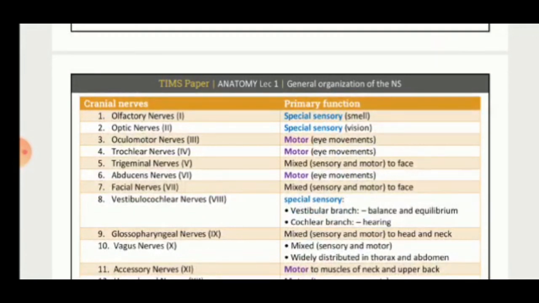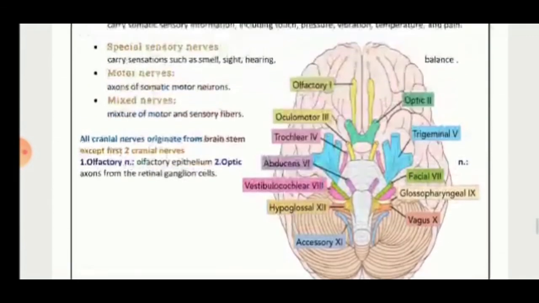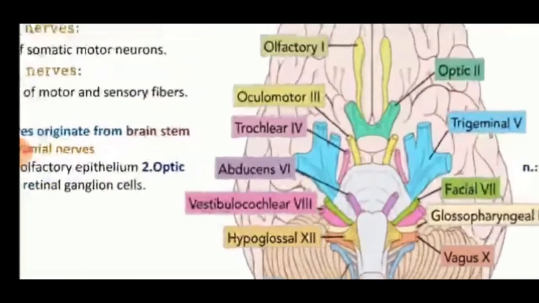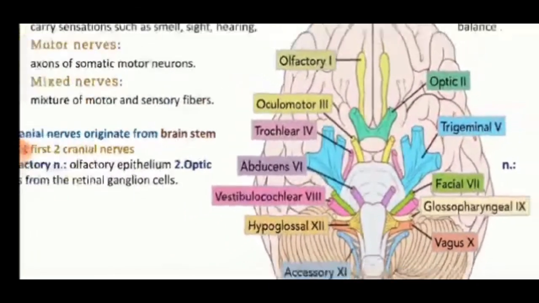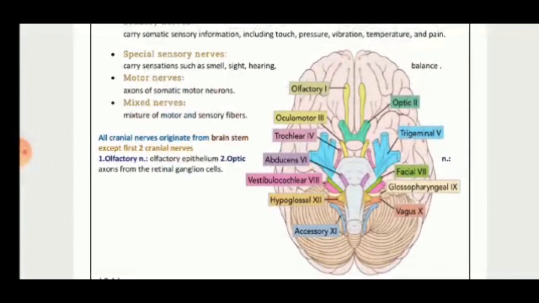The third cranial nerve is the oculomotor nerve, which is a motor nerve responsible for eye movements. Here is the oculomotor nerve. Then, trochlear nerve, which is a second motor nerve responsible for vision.